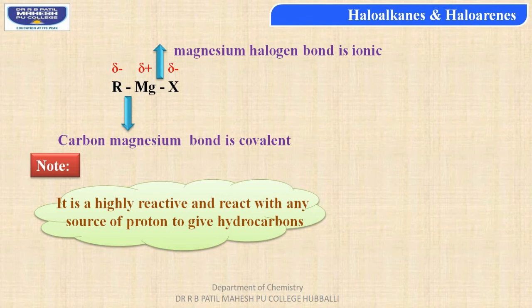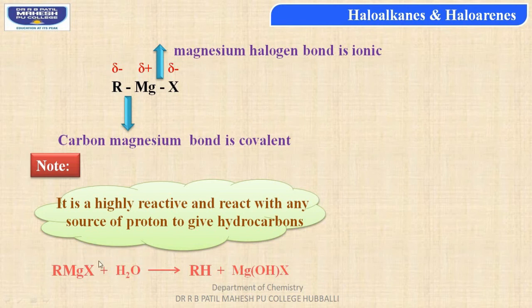Let us consider an example. When Grignard reagent, that is RMgX, is reacted with water, students, you know that water reversibly ionizes to form proton and hydroxyl anion. Then the water molecule is a source of the proton.